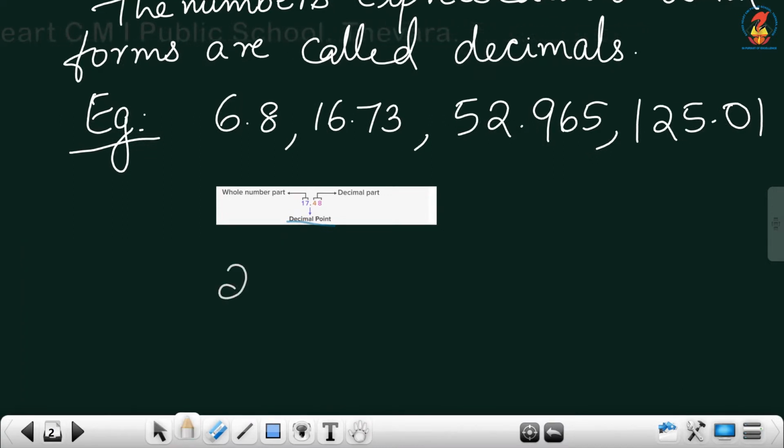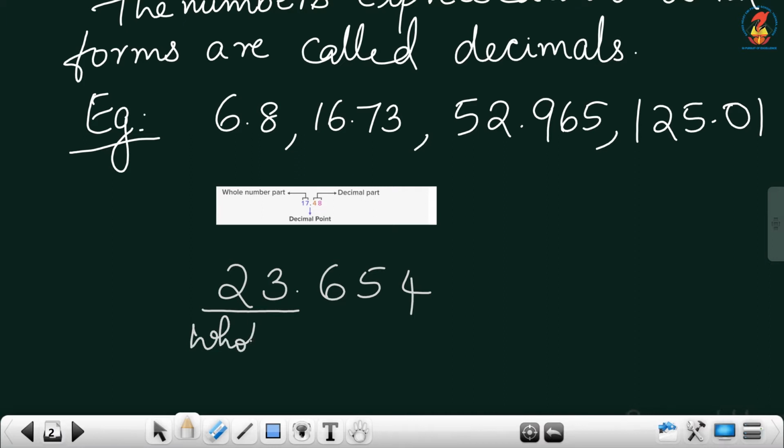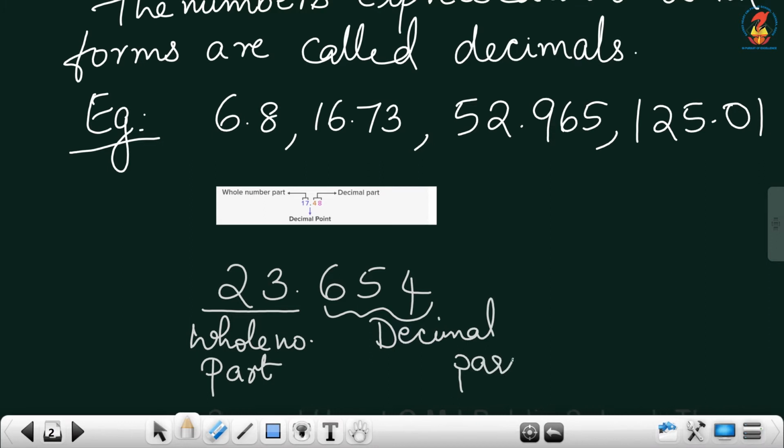Look at one more example, 23.654. Always you read the decimal part separately. Don't read it as six hundred fifty-four. Always you have to read the digits separately. This part is known as whole number part, and this is known as decimal part.